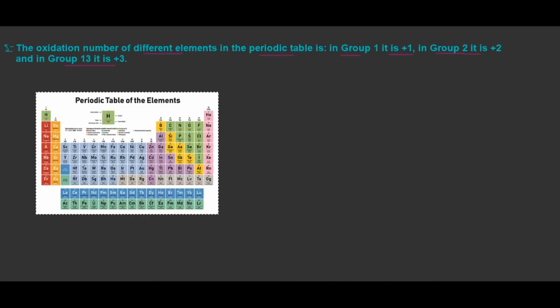So here we have a periodic table in which, as you can see, this is the group 1A, and similarly this one is the group 2A, and similarly this is group 3A.